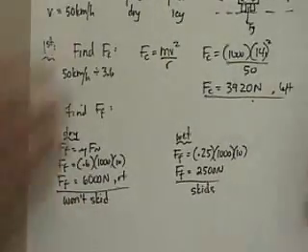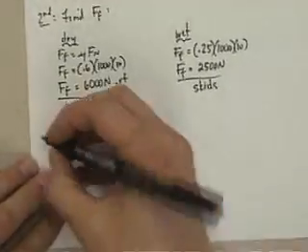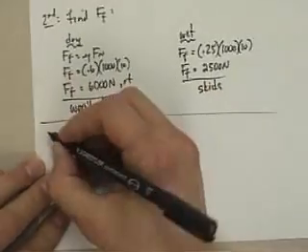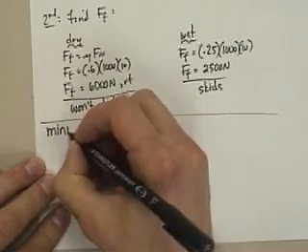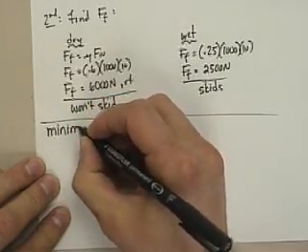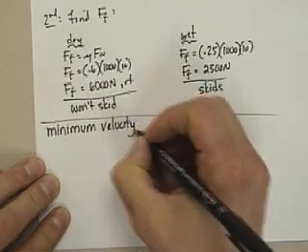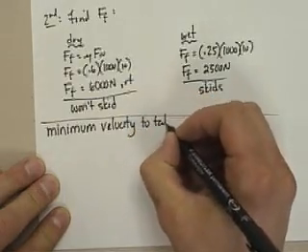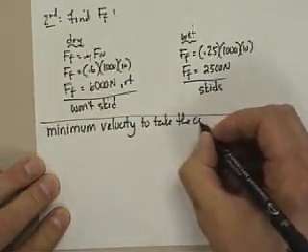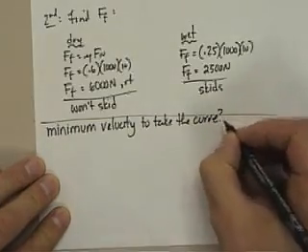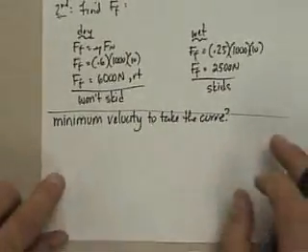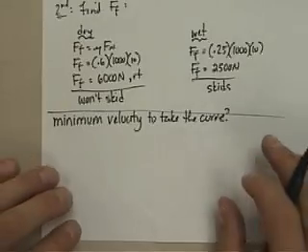What about, though, if I would have asked you just to find the minimum velocity to take the curve? Okay, so now what I want you to do is take that curve at a minimum velocity without spinning.